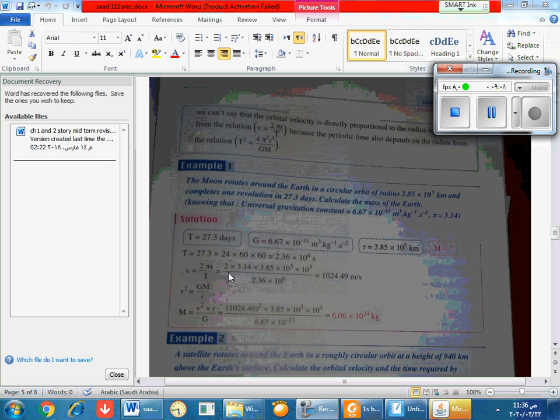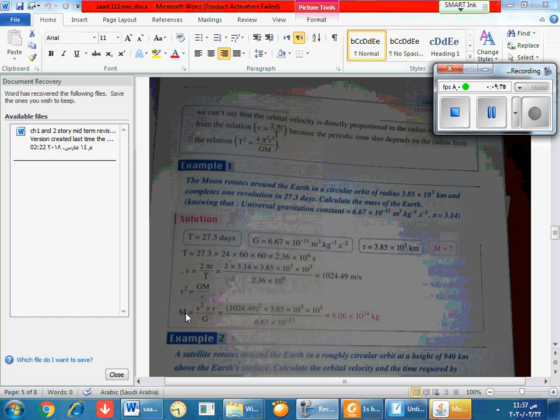So 2 times 3.14 times 3.85 times 10 power 5 times 10 power 3 to convert it into meters, over T the periodic time, 2.36 times 10 power 6. It will be equal to 1024.49 meters per second.